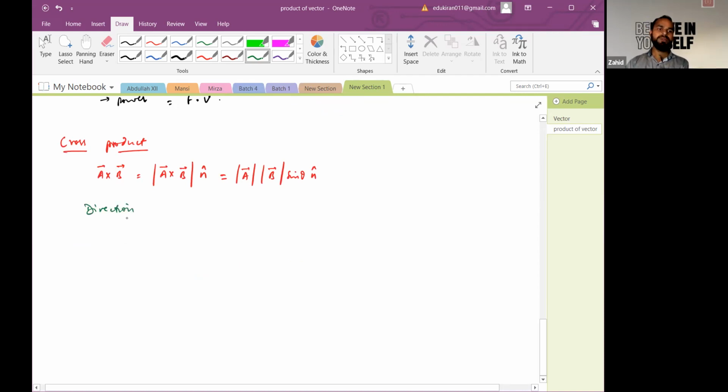For the direction of this particular product, use Fleming's left-hand rule, which states: stretch your three fingers, forefinger, middle finger, and thumb, mutually perpendicular to each other. So this is the middle finger, which will align towards the first vector.